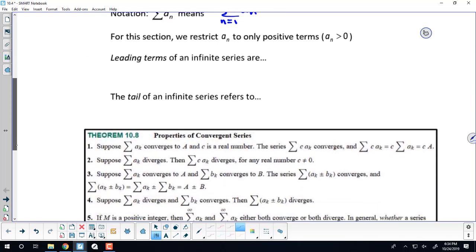And a reminder that the leading terms of an infinite series are the terms that have a small index. And when we say the tail, that's the terms with a large index.